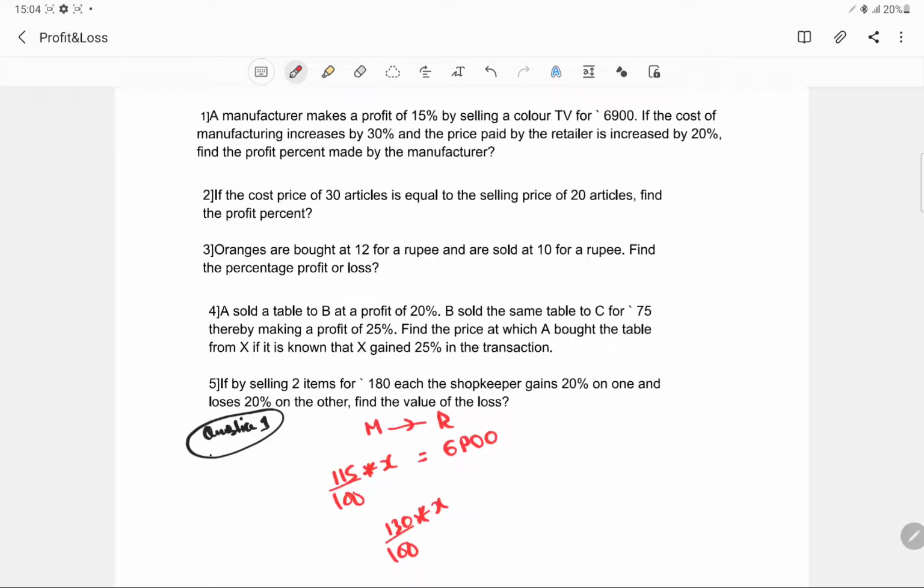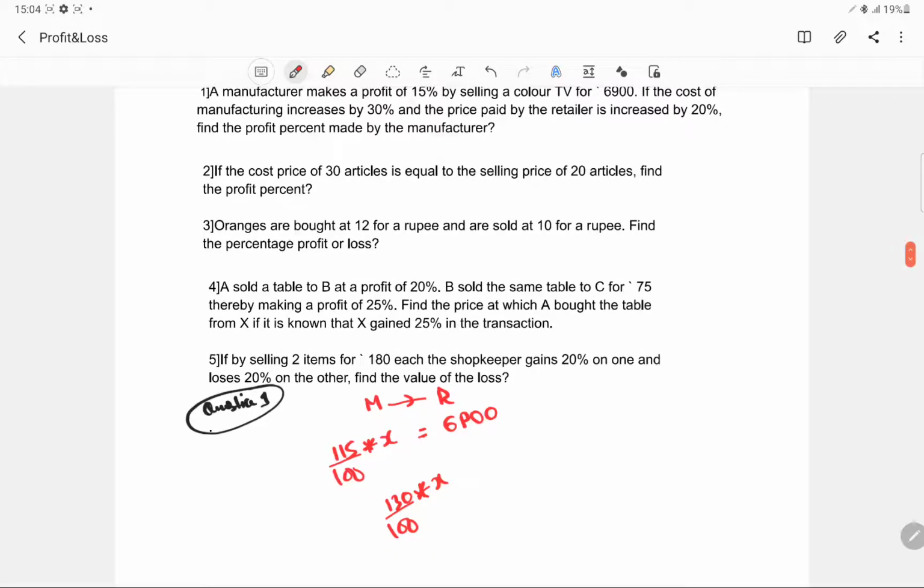And this is the new cost price, and the price paid by the retailer is increased by 20%.